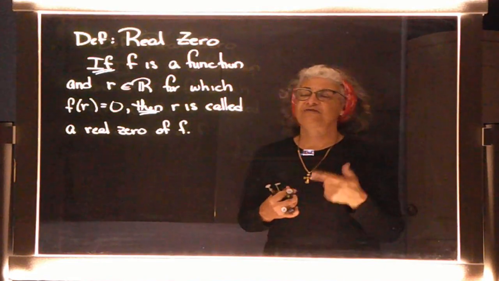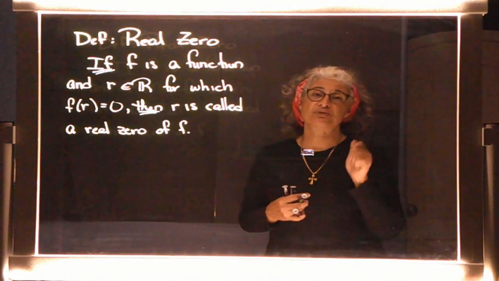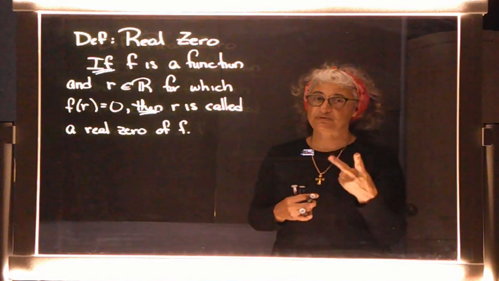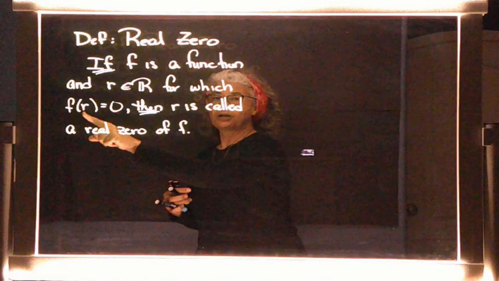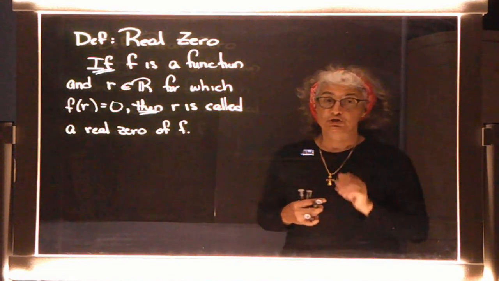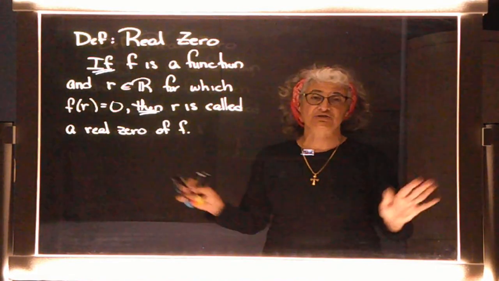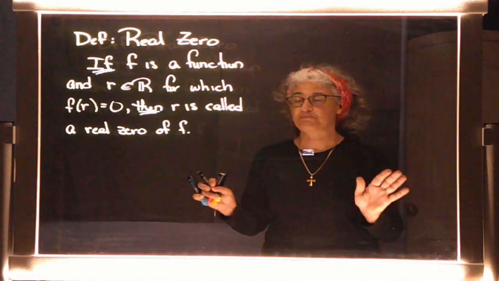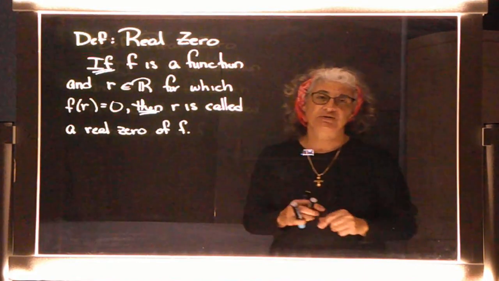So let's look at the if again. F is a function and r is a real number. So those two things need to be in place. And the third thing is that when you plug r into f, you get a 0. You plug r into f and the whole function goes to 0. Good? If those three things happen, then r is called a real 0 of f.